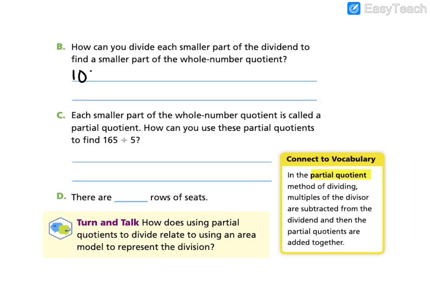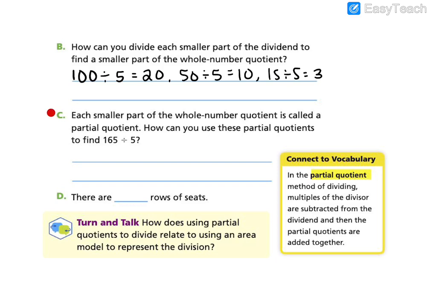The first one we did was 100 divided by 5, and that equaled 20. That was our partial quotient 1. 50 divided by 5, which equals 10, partial quotient 2, and 15 divided by 5, which was equal to 3, which was our third partial quotient. It's really asking us just to rewrite our equations.